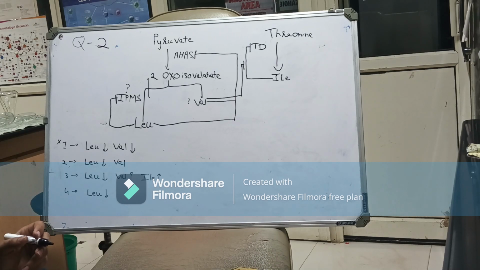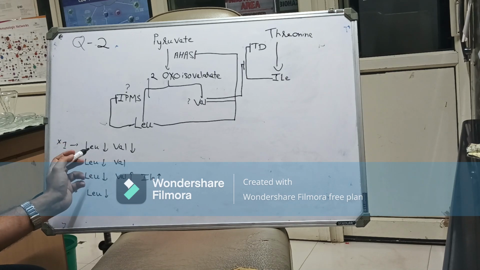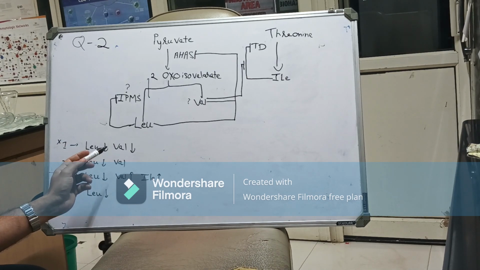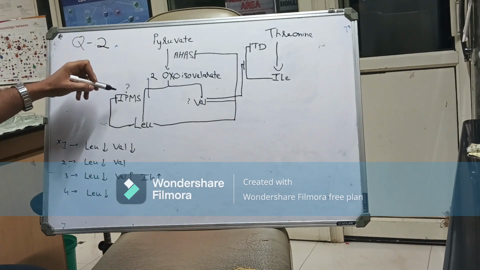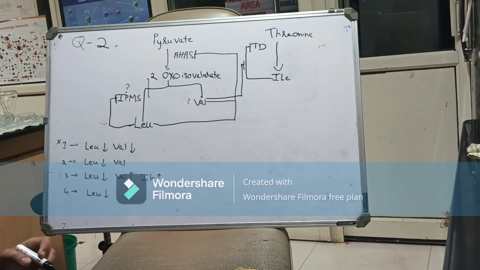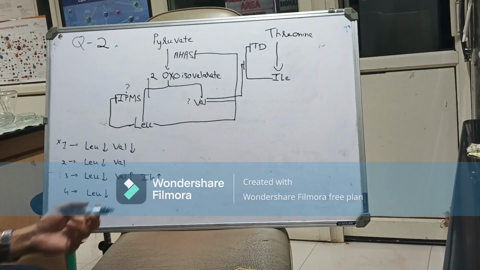Now option 2. Leucine will go down. Yes. Now will valine remain unchanged? We can argue that because the other pathway is blocked, there will be an excess of the intermediate compound. But will this result in excess valine production? The answer is no. Why?